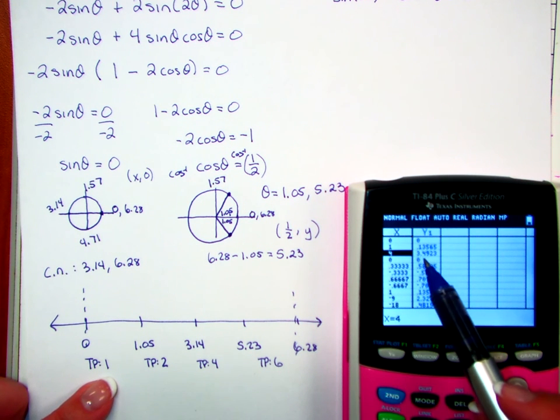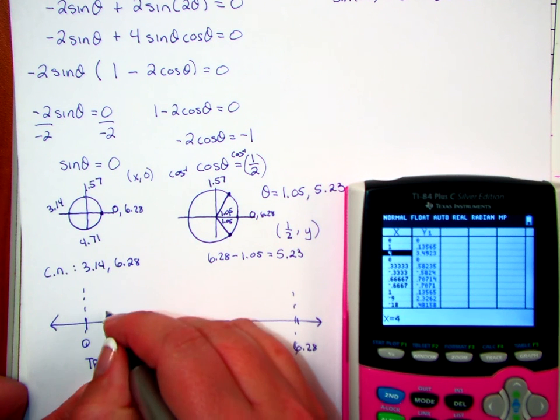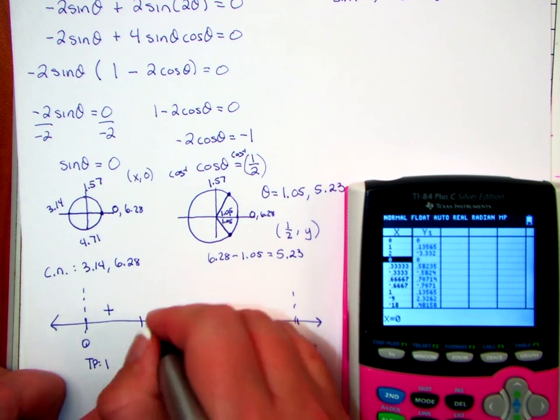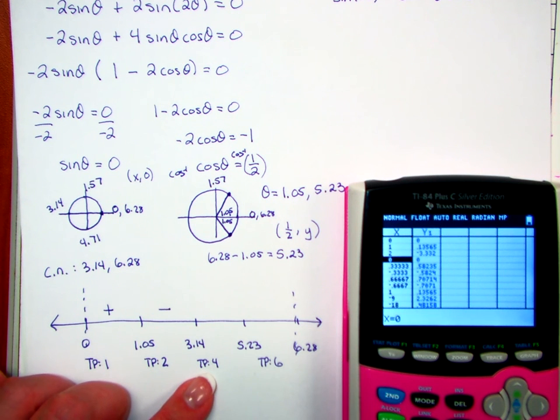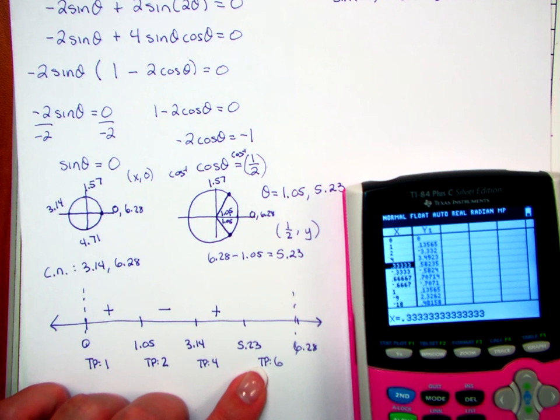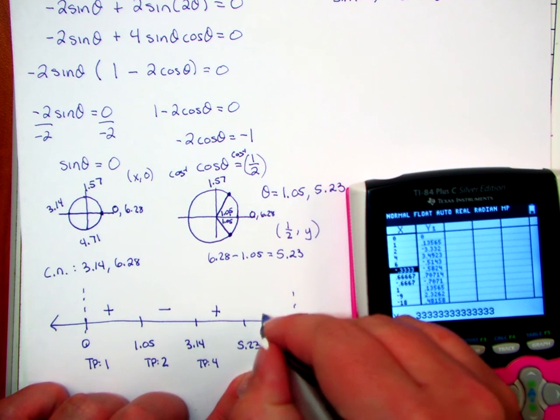When I plug 1 in there, I'm getting a positive 0.13, so I'm going to put plus here. If I plug in 2, I get a negative 3.32, so I'm going to put a minus here. If I plug in 4, I get a positive 3.49. If I plug in 6, I get a negative 0.54.